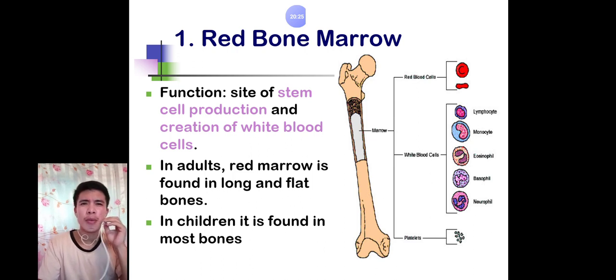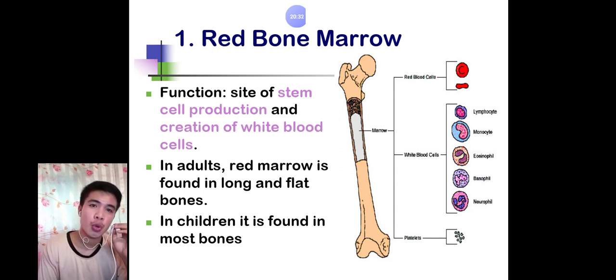What is the difference between the two? The red marrow produces white blood cells, platelets, and red blood cells, while the yellow bone marrow is mostly fats.